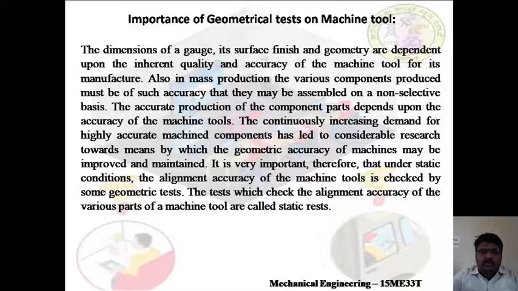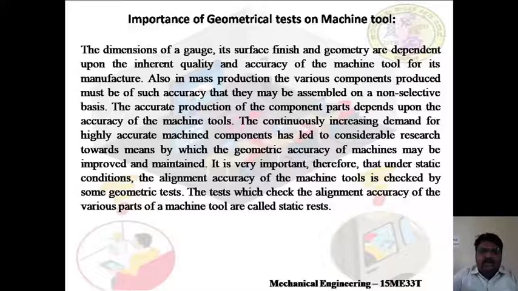Before we go further, let us see why we need the geometrical test. As we know, the accuracy of manufactured parts depends upon the accuracy of machine tools. The quality of the workpiece depends on the rigidity and stiffness of the machine tool and its components, alignment of various components in relation to one another, and the quality and accuracy of the driving mechanism and control devices.